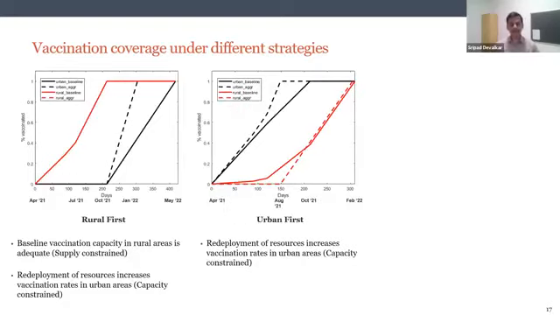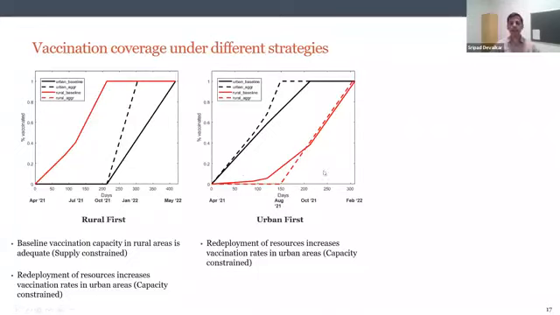Now, clearly, given that in urban areas capacities are constrained, under the baseline it again takes from April till about October under the urban first strategy to cover urban areas, as this solid black line here indicates. Because in urban areas under the baseline scenario you have a capacity constraint, not all of that supply is being used. Therefore, the remaining supply can be used to start vaccinating rural populations in parallel, because your total objective is to minimize unvaccinated person days.